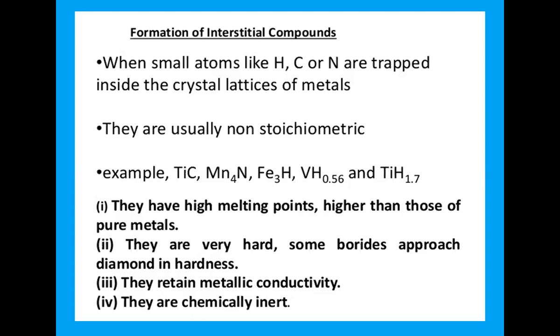And due to the large number of new forces formed, they are very hard. It is very important to note that even certain borides, when they form with these d block elements, have hardness that reaches up to that of diamond. As we all know, diamond is the hardest known substance, but certain d block elements, when they form such interstitial compounds, particularly in boride form, have hardness comparable with diamond.